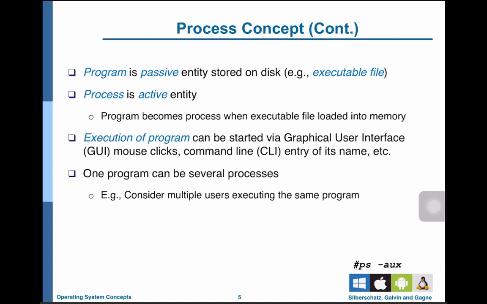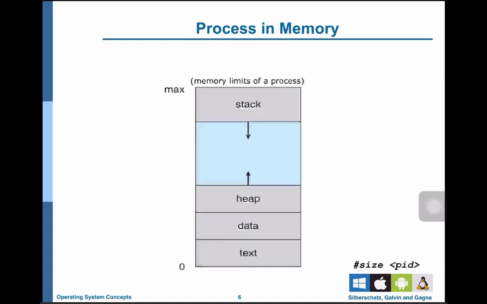So let's see a process in memory. There is a memory space allocated to a process. The first section is the text section, and the data section, the heap and the stack sections have a flexible size.